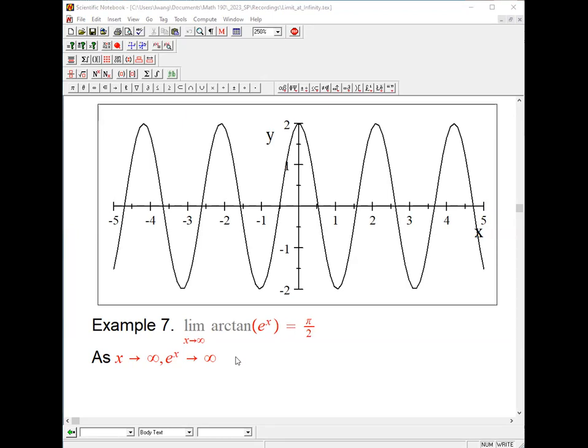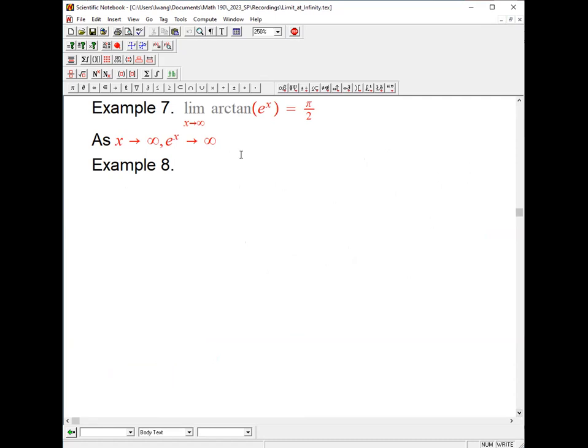I do want to take the next one, because for the next one, you get to use a different method to find the limit. Example number 8. The limit we're looking for is as x approaches infinity of the ratio sine squared of x over x squared plus 1.